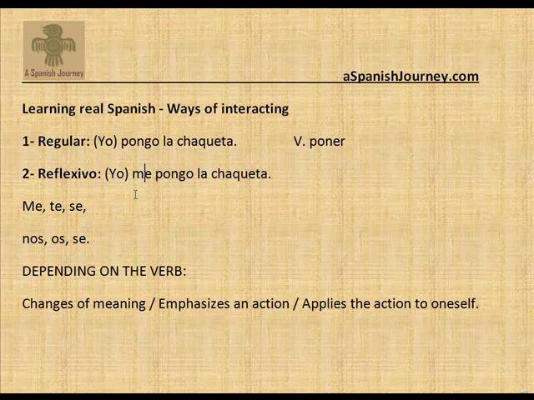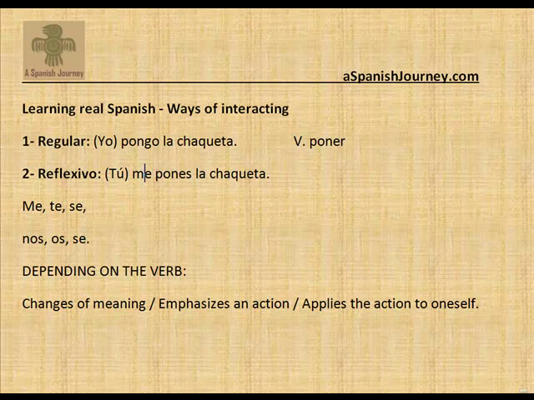Okay? And one little note about reflexive pronoun is that always the pronoun has to be in sync with the conjugation of the verb, meaning that if I'm going to use pongo, I'm automatically going to say me. Let's say if I use pones for tú, I'm saying tú.